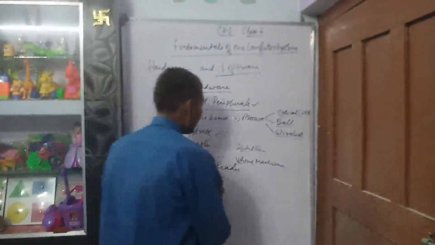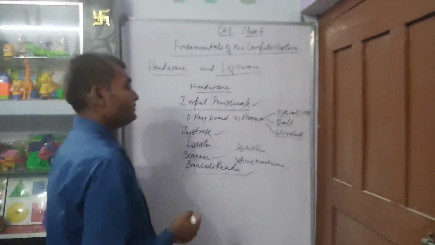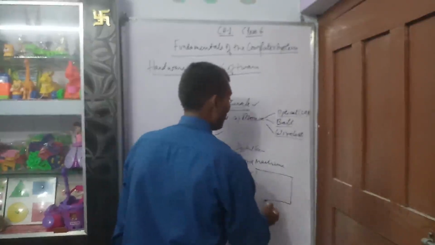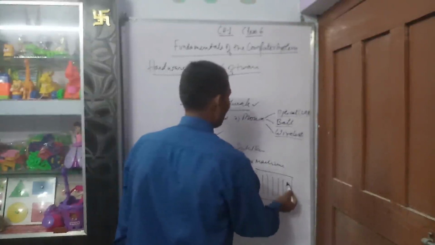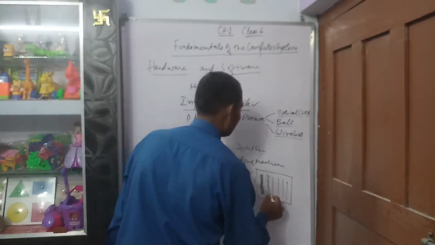Next is the barcode reader. Barcodes are line strips. The barcode reader is a device that reads these line strips. All of you see black and white line strips on any product.